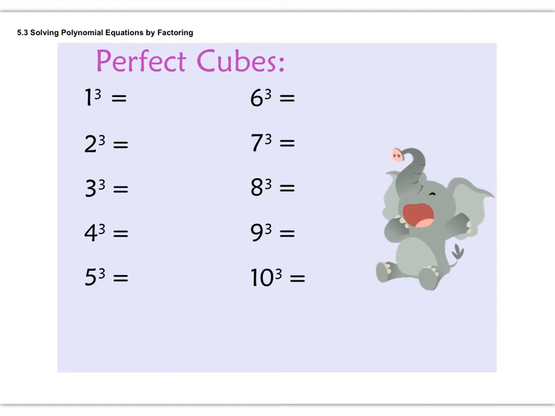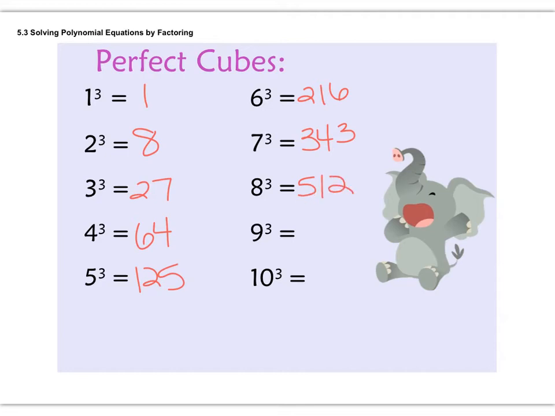So 1 cubed, 1 times 1 times 1, is 1. 2 cubed, 2 times 2 times 2, is 8. 3 cubed, 3 times 3 times 3, is 27. 4 cubed, 4 times 4 times 4, is 64. 5 cubed, which is 5 times 5 times 5, is 125. 6 cubed, which is 6 times 6 times 6, is 216. 7 cubed would be 343. 8 cubed is 512.